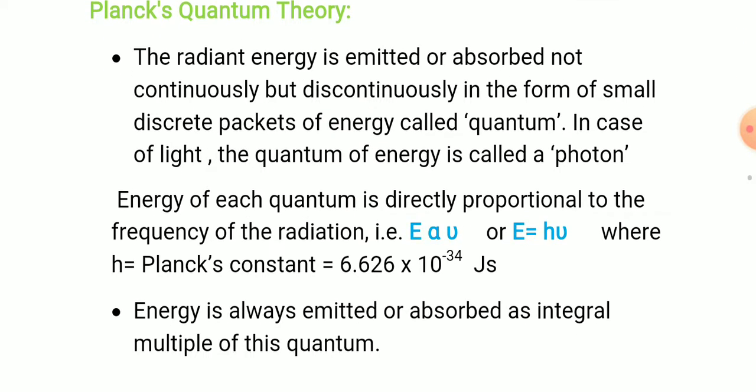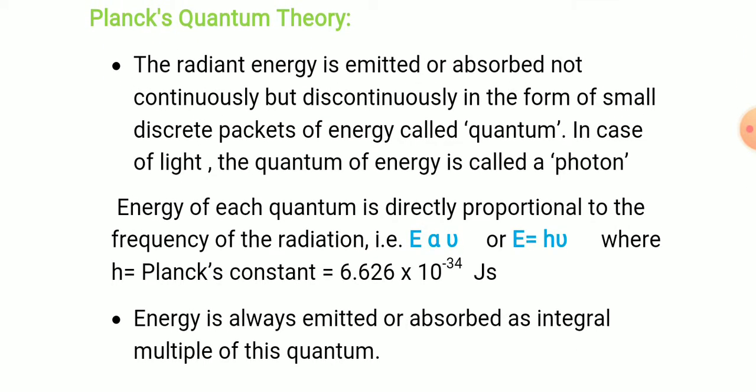Now Planck quantum theory. This is just opposite of Maxwell theory. According to Planck, the radiant energy is emitted or absorbed not continuously but discontinuously, while Maxwell told that radiant energy is emitted or absorbed continuously.